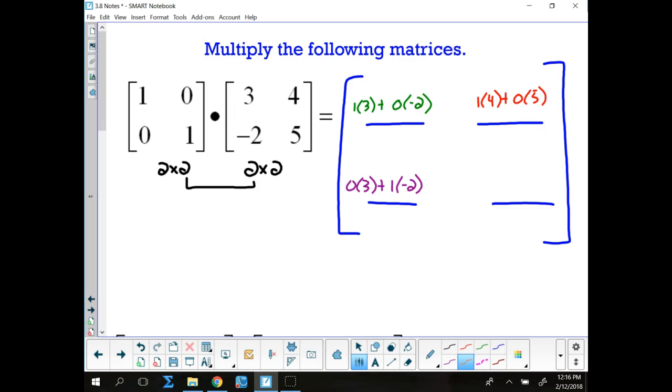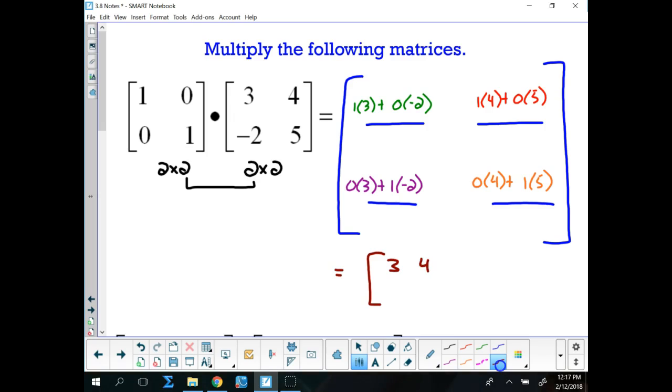Row 2, column 2. One times 3 is 3. 0 times negative 2 is 0. 3 plus 0 is 3. 1 times 4 is 4. 0 times 5 is 0. 4 plus 0 is 4.